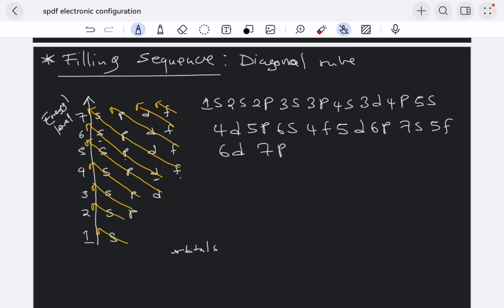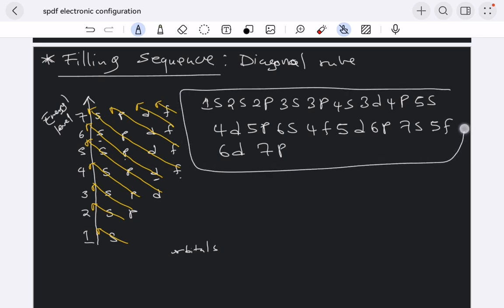So we can end here for now. We'll use this standard system to write our electronic configurations.